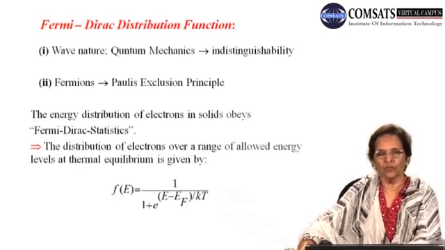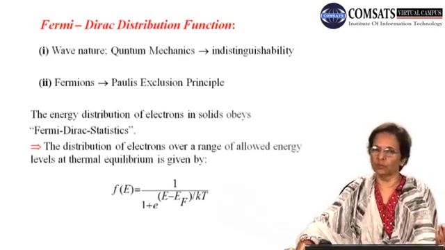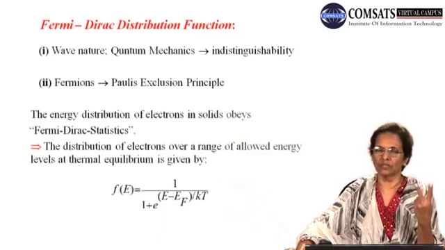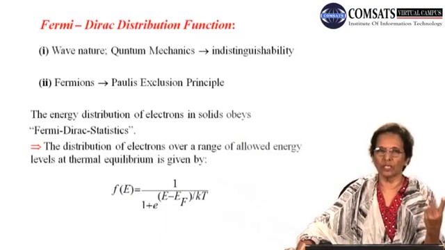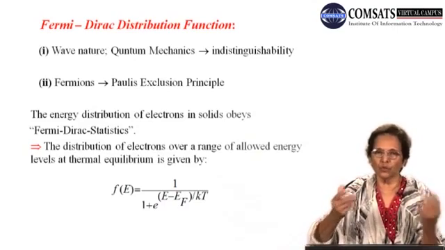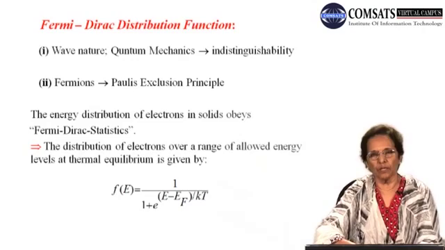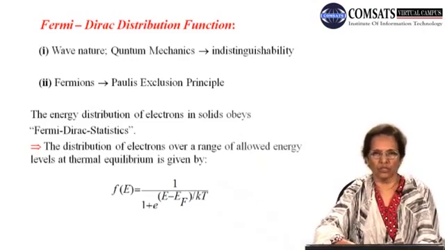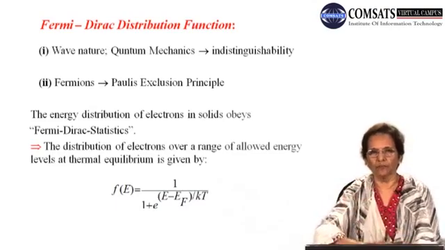And secondly, Pauli's exclusion principle states that no two electrons can occupy the same energy state. It's the same concept that we used for the simple Bohr's hydrogen atom, or atoms heavier than hydrogen.